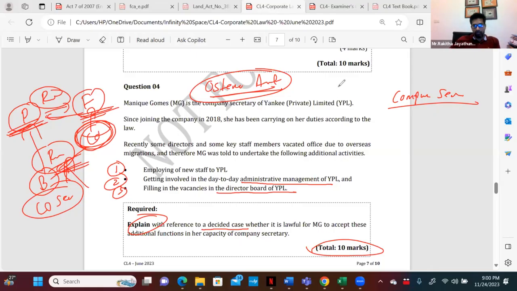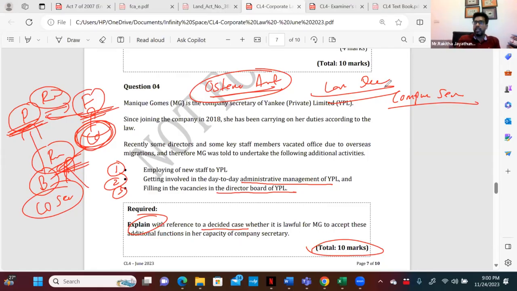Lord Denning, delivering the judgment here, said, a company secretary is not a clerk. He's not a peon of the company. Like a director, he also can sign contracts on behalf of the company.